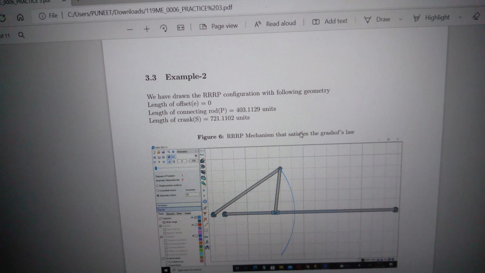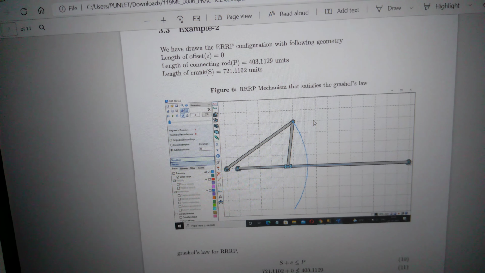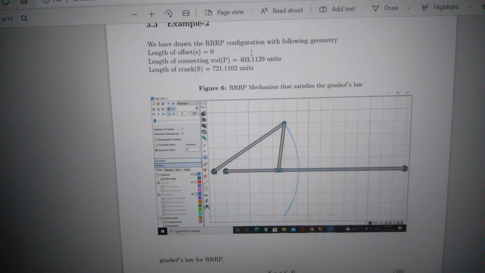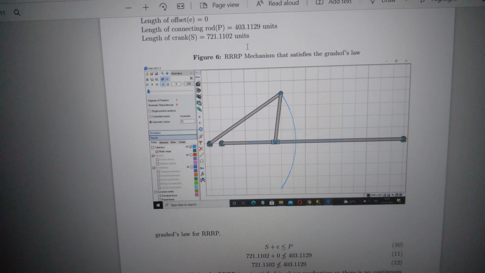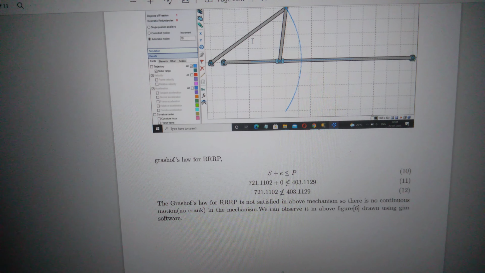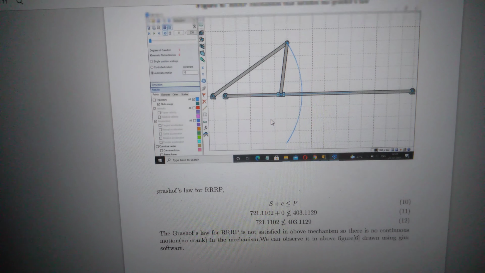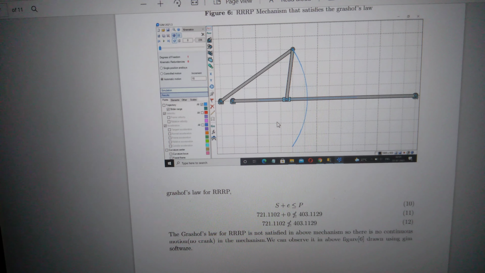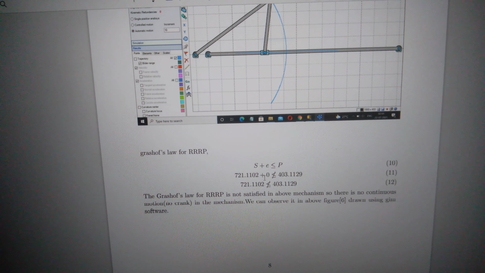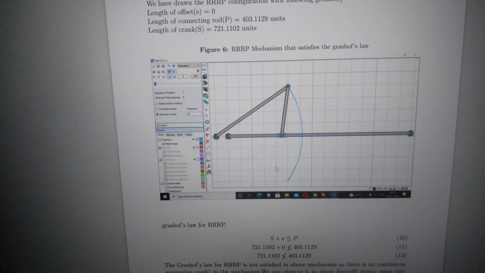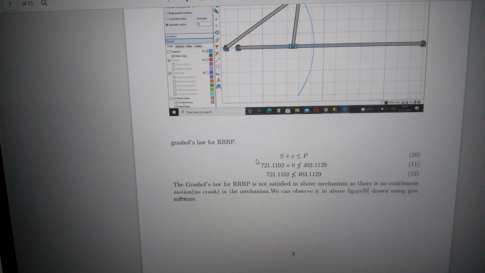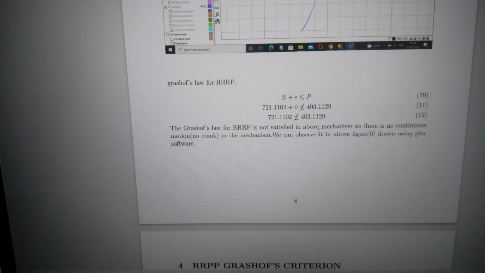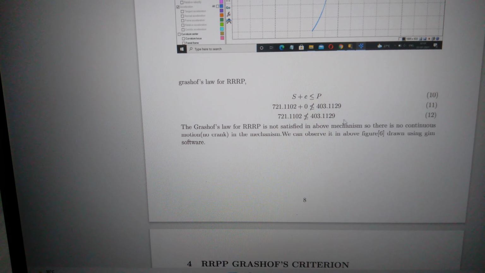Now let's go to example number 2, sir. Now we have drawn the RRP configuration with the following geometry, where the length of offset is equal to 0, the length of connecting rod is P, and the length of crank is this much, sir. If we simply remember the Grashof criterion, then it is not satisfied here.